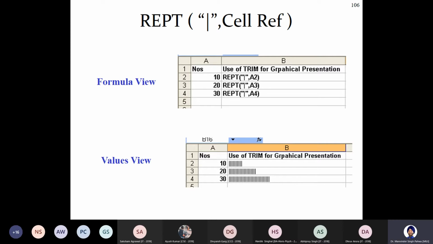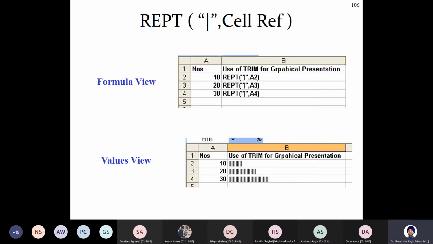This we can use for graphical presentation, or for showing frequencies. The numbers can be shown just by making a graph if you do not want to go into the graphs. Actually, this was a function previously used when Excel was just introduced in a DOS based type of thing. Previously it was called Lotus 123. Do you remember the history of Excel?